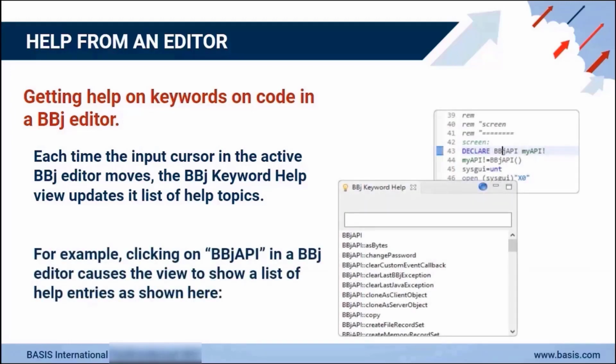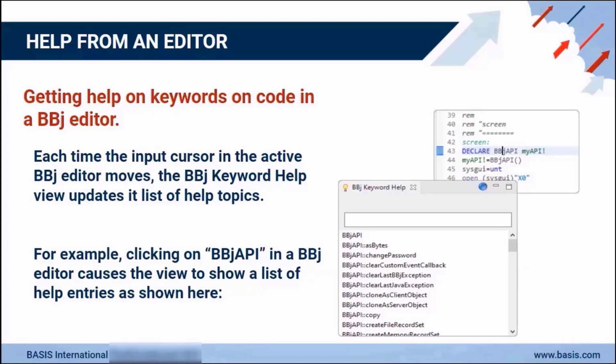For example, if you look on the right-hand side, you'll notice that there's a capture from a BBJ code editor on the far right. You'll notice that the input cursor, that little vertical grayish black bar, is on the word BBJ API in the editor. And below that, you'll see the BBJ Keyword Help view being displayed. It shows a list of entries on the bottom that start with BBJ API.